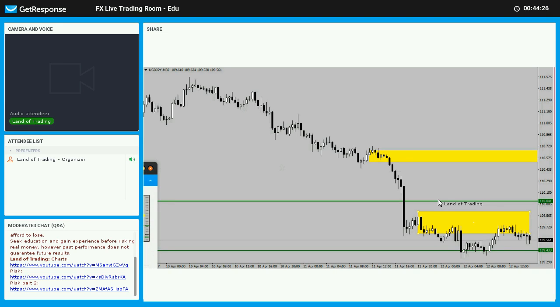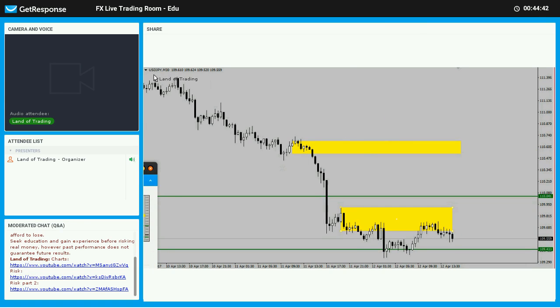Why am I saying that? 110.40, 50, that could be supply, because what I said a few minutes before is that we need the daily close above 110.20, right? So now during the day we may see the rally towards 110.40, 50, maybe even 60, right?